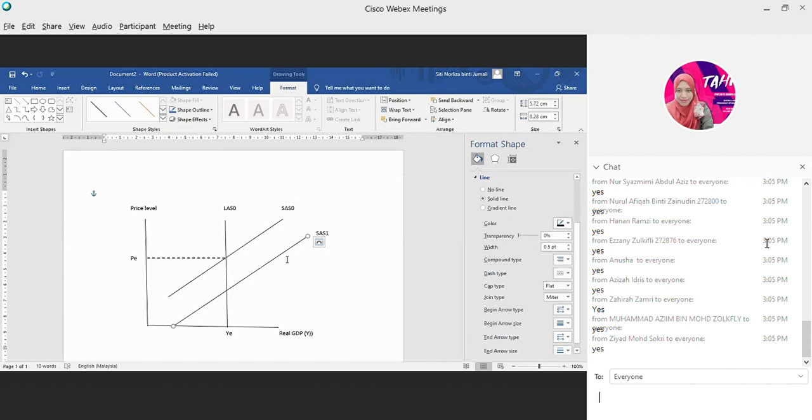So with tax, it will burden the supplier, and therefore SAS will shift to the left. With subsidy, which is good, subsidy helps to reduce the burden, to lower the cost. So if the government imposes or increases subsidy, SAS will shift to the right. I think the rest you can read by yourself.